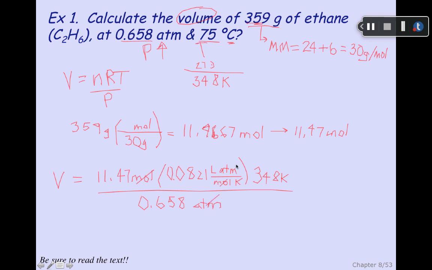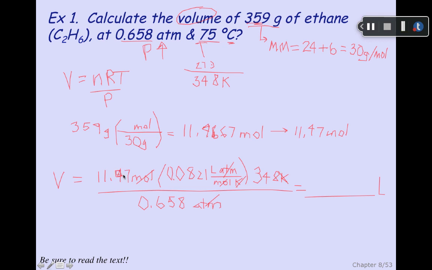Okay, units making sense. Moles still cancel. Atmosphere still cancels. Kelvin still cancels. And that should give you an answer in liters, which is the goal for this question, to come up with a volume. And get out your trusty calculator, see what you get.